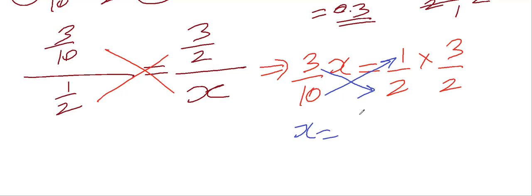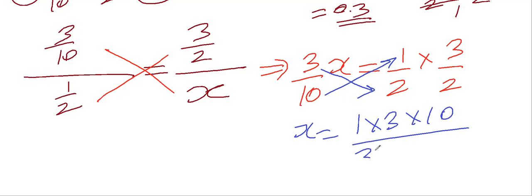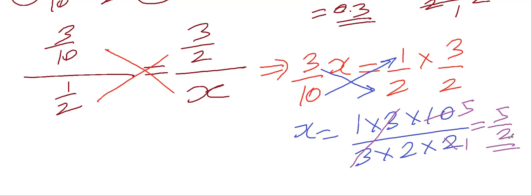So the value of x will be 1 into 3 into 10 divided by 3 into 2 into 2. So this 3 and 3 will get cancelled, and 2 ones are 2, 2 fives are 10. So your answer will be 5 by 2. So your fourth proportional will be 5 by 2.